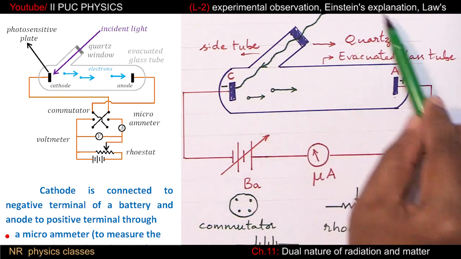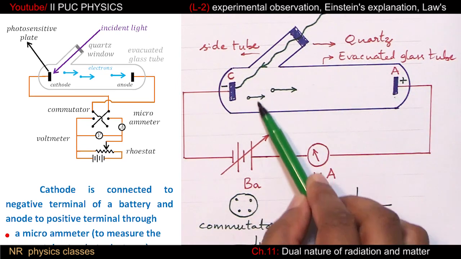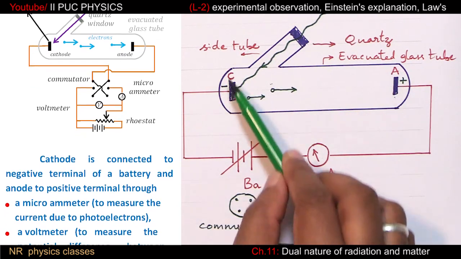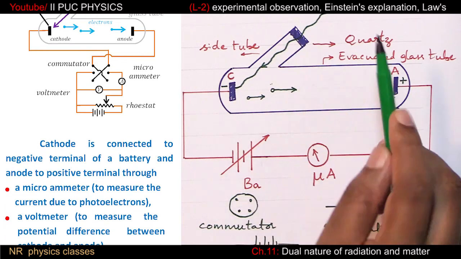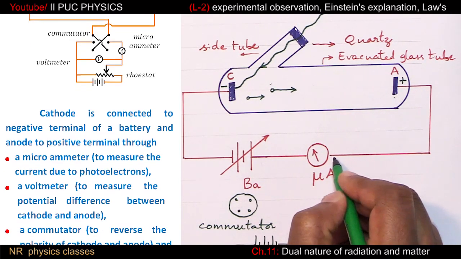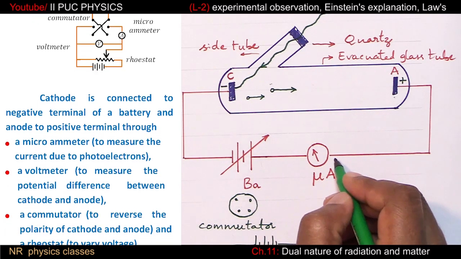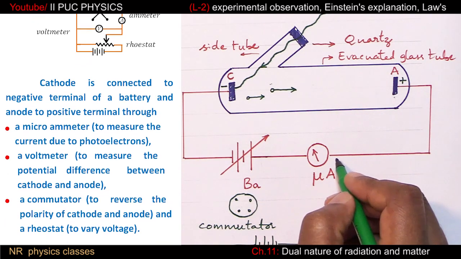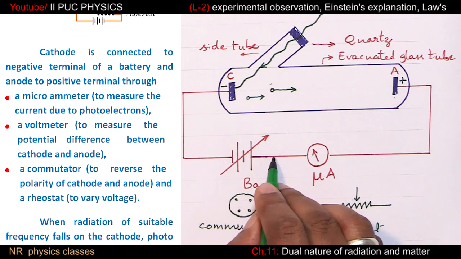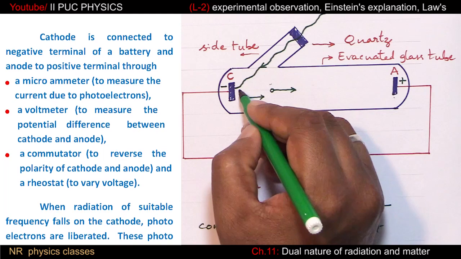The experimental arrangement can be used to study the variation of photoelectric current with respect to intensity, frequency, potential difference between the anode and cathode, and nature of the material. Let me repeat.